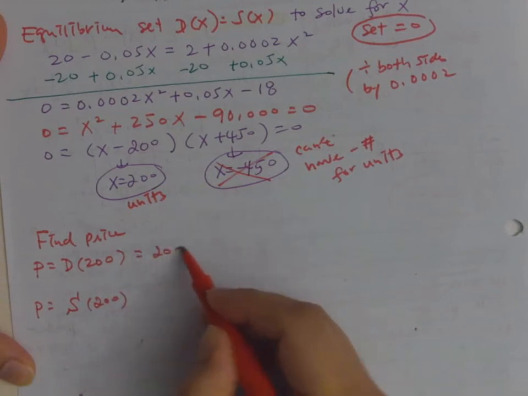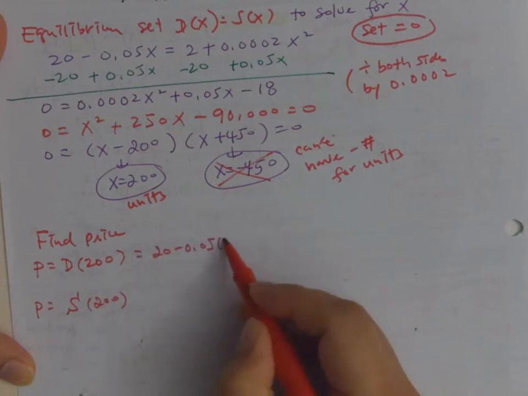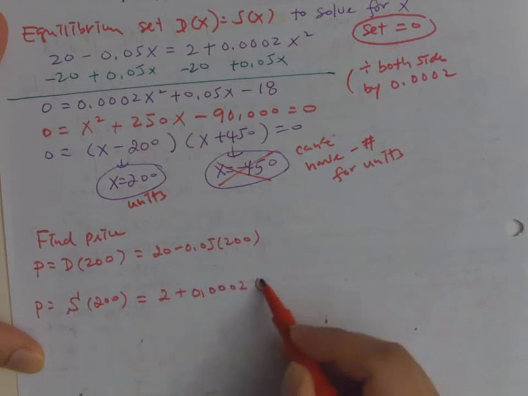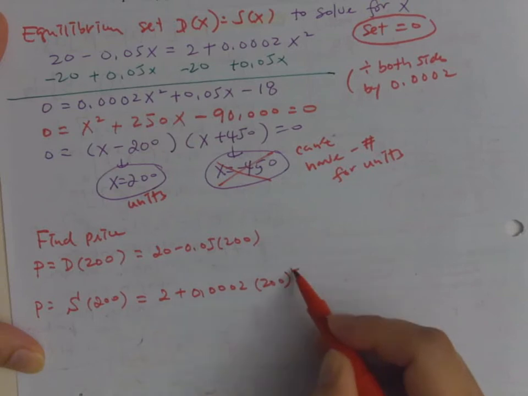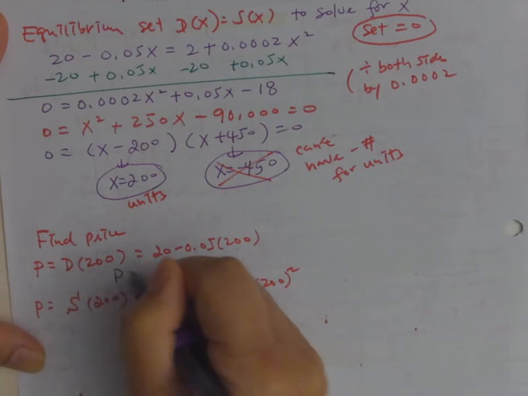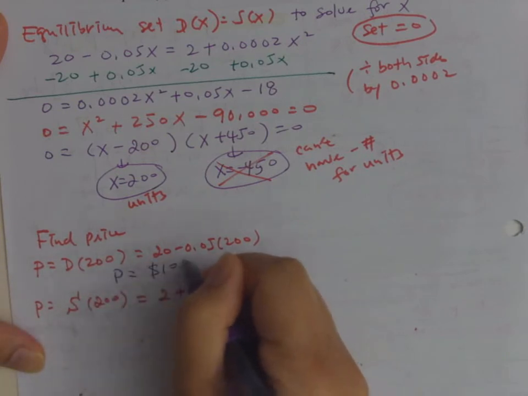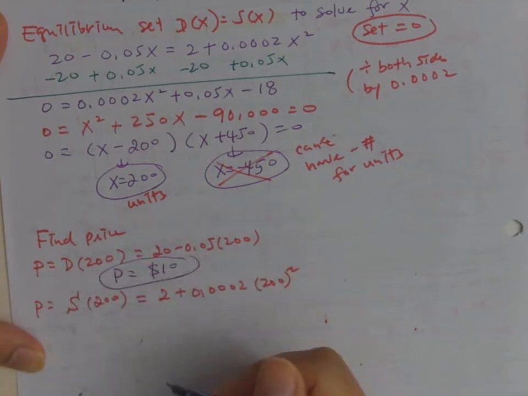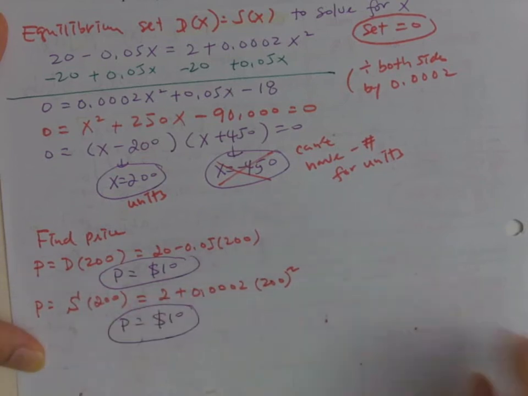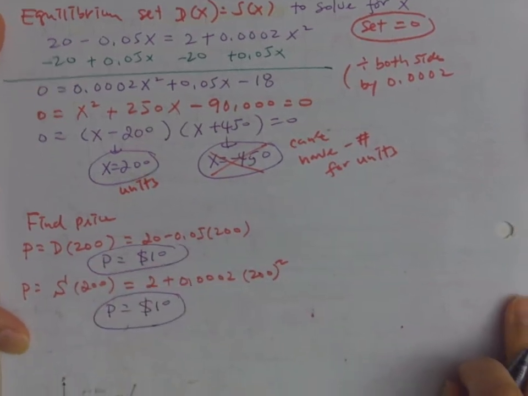So 20 minus 0.05 times 200, or 2 plus 0.0002 times 200 squared. If you do both of these, your answer should be the same. Both of these P should equal $10. Plugging in one of them would be fine, but if you want to double check, you can plug in both.